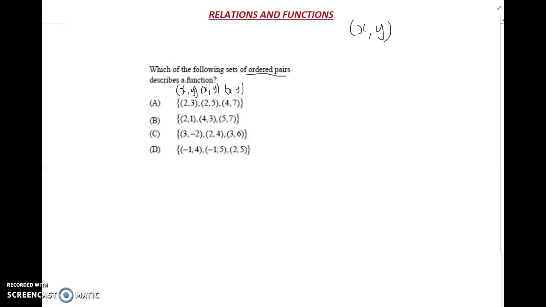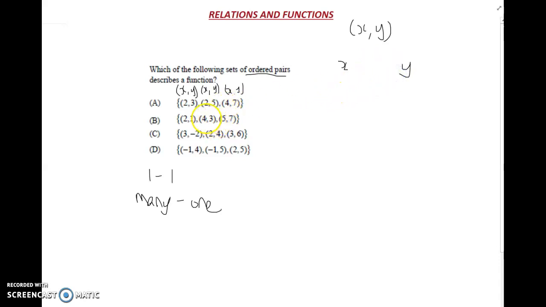Now, we want to know which one describes a function. Remember, functions are one-to-one, and it could be many-to-one. Now, let's write it out like we did with a mapping diagram. Let's put the x values here and the y values here.